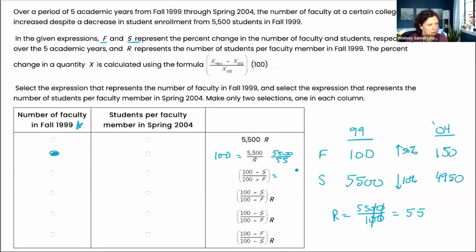This is 110 over 150. This is that same 110 over 150. These have minuses, by the way. So this is 110 over 150, 110 over 150 times, so I'll kill these off. This is 11 over 15 times 55.